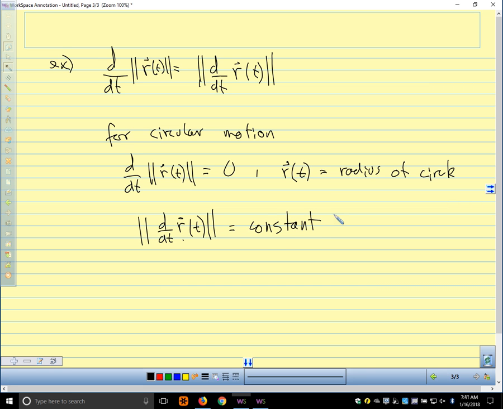For uniform circular motion, so something orbiting in a circle, the speed is constant. So this is false, because all we need is one counterexample to say something is false.